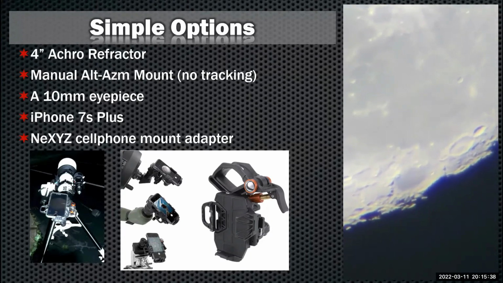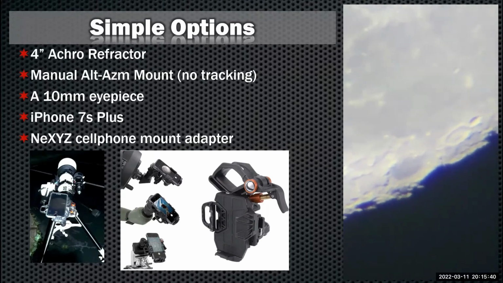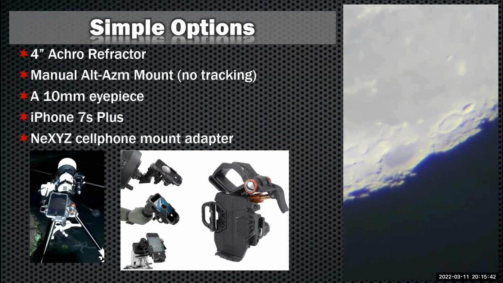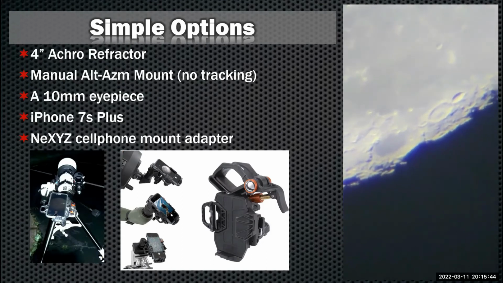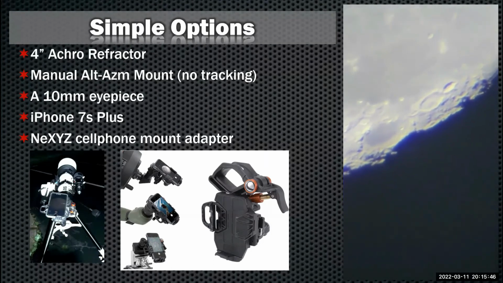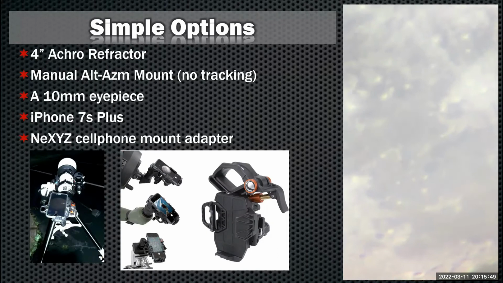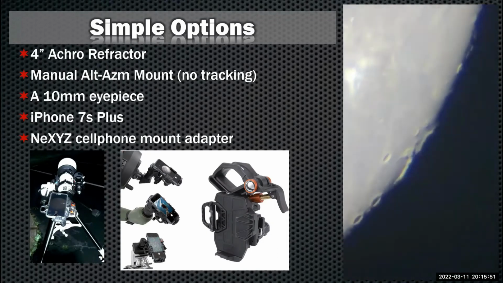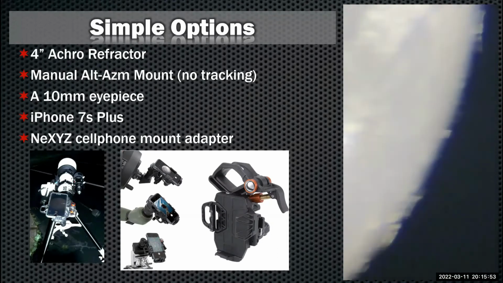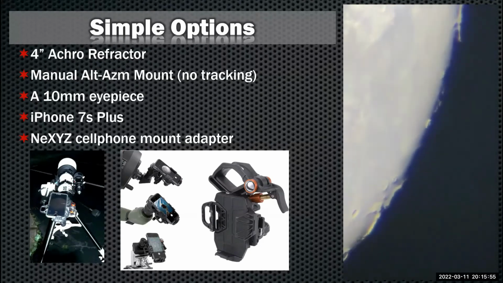But this is using the NEXYZ cell phone adapter, and it's just a really good way to start. So any kind of bright object. So again, you can pretty much do EAAs, and this is just a good lunar example that I have.